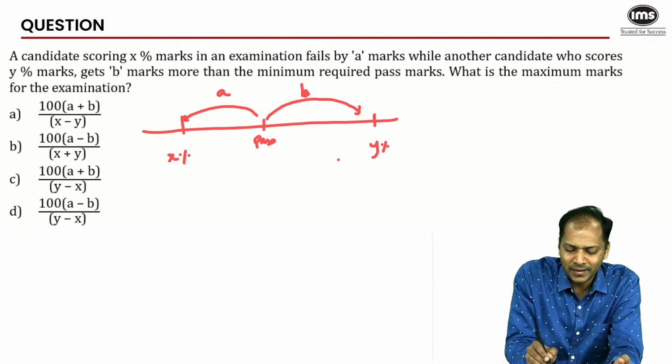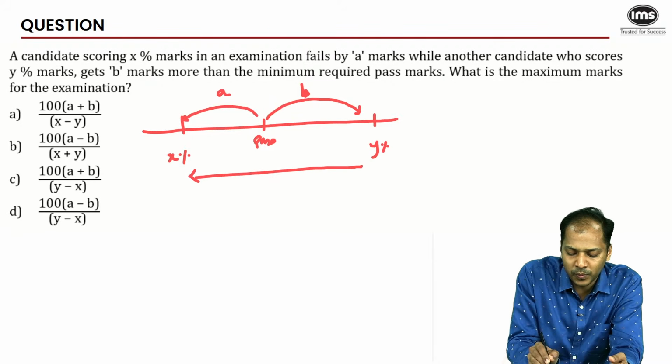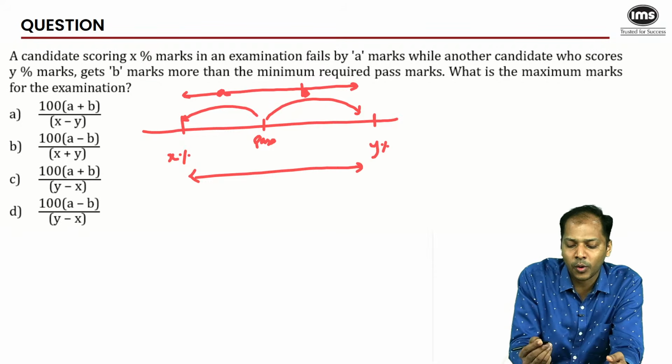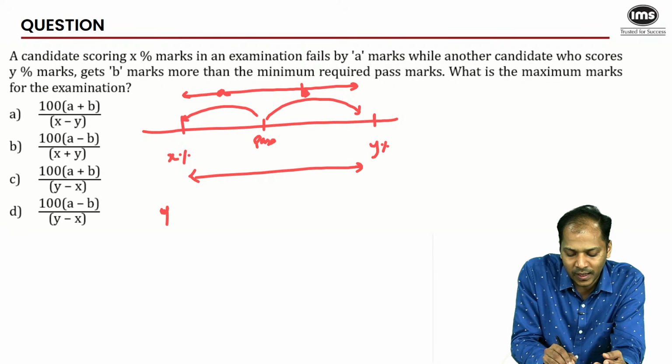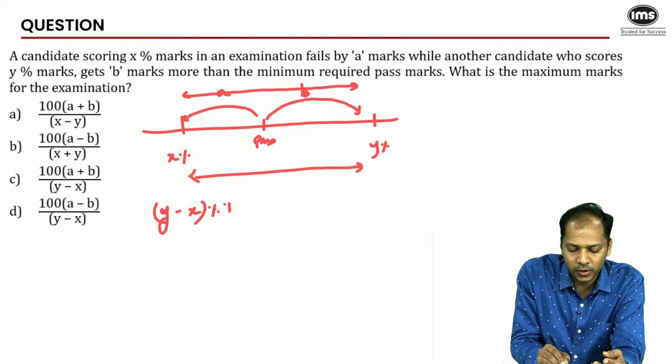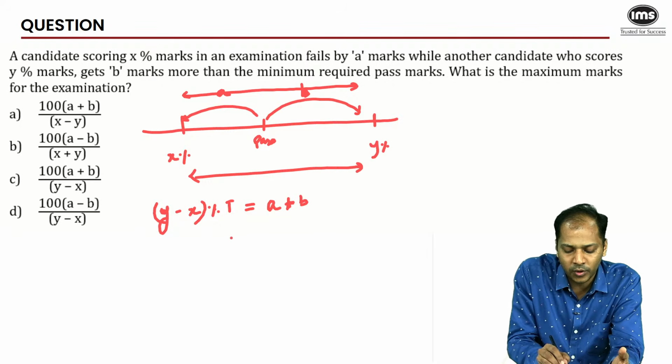So basically the equation that you will have is this value is equal to A plus B, and that's all you have to do over here. The difference between Y% and X%, that will be nothing but Y minus X% of the total is equal to A plus B. And you just have to take things on the other side and you're done.